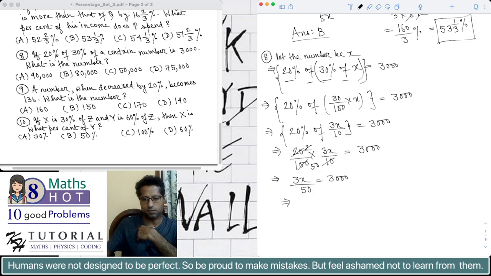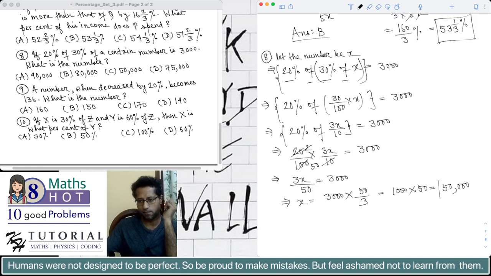So this implies x is equal to 3000 multiplied by 50 by 3, and this is equal to 1000 multiplied by 50, which is equal to 50,000. So the number is 50,000, and hence the correct choice is C. C is the correct choice.